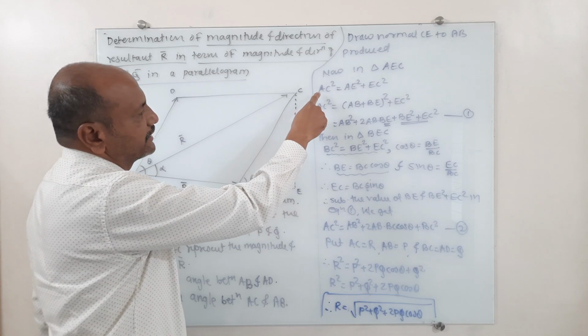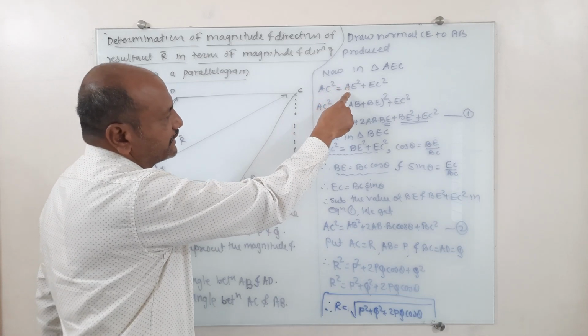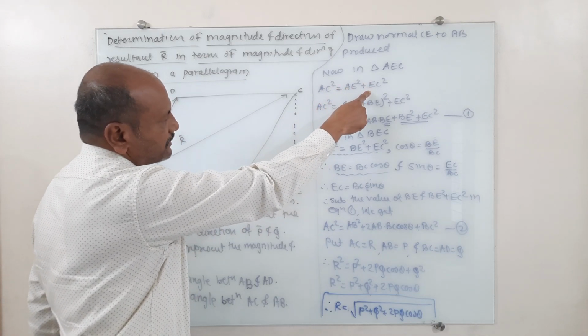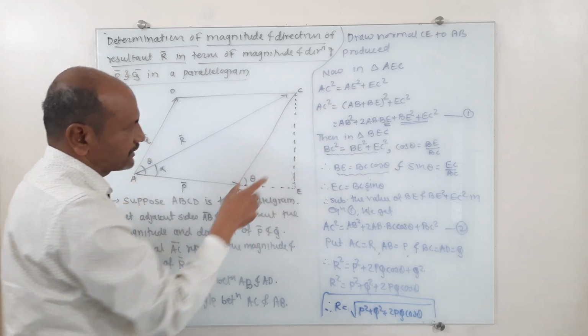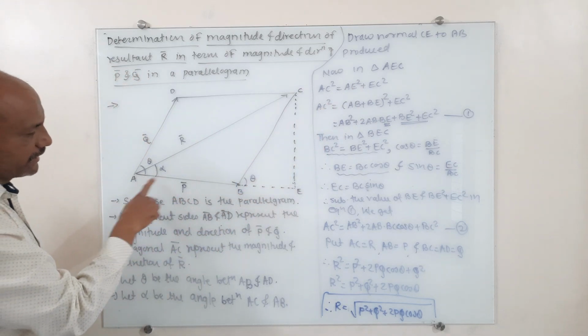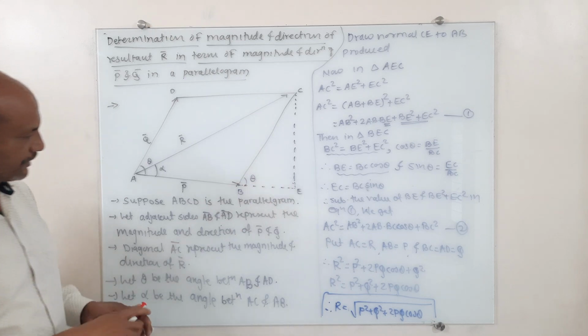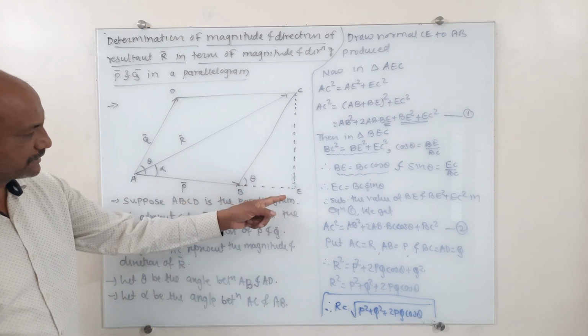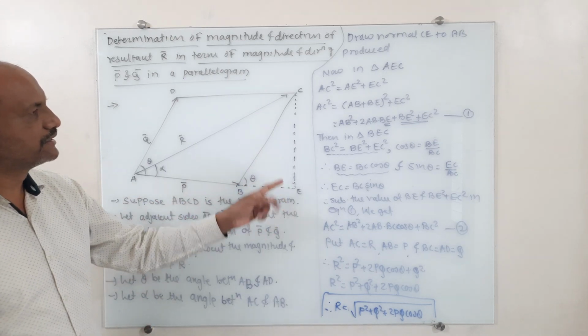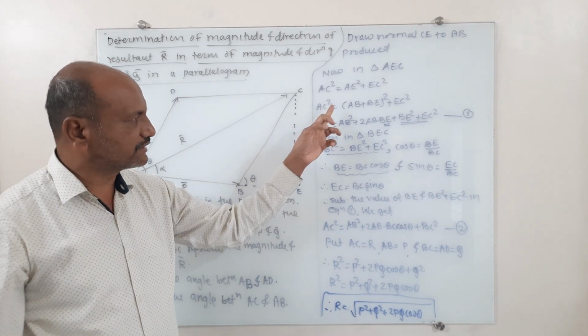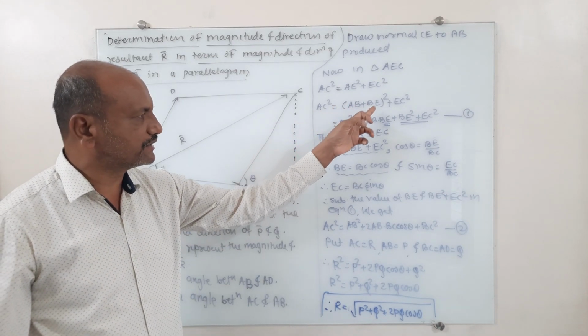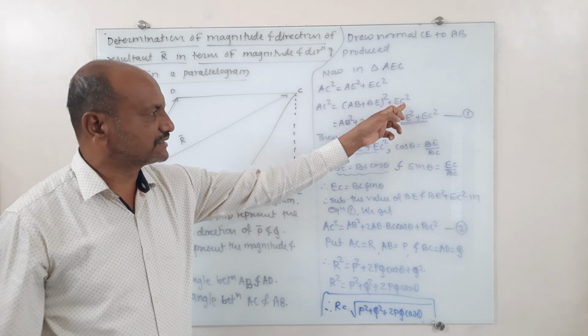Therefore, in triangle AEC, AC square is equal to AE square plus EC square. But AE is equal to what? AE is equal to AB plus BE. Therefore, AC square is equal to (AB plus BE) whole square plus EC square.